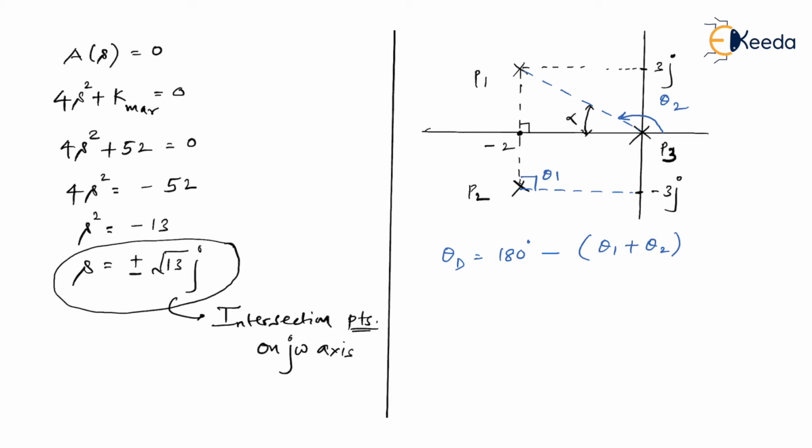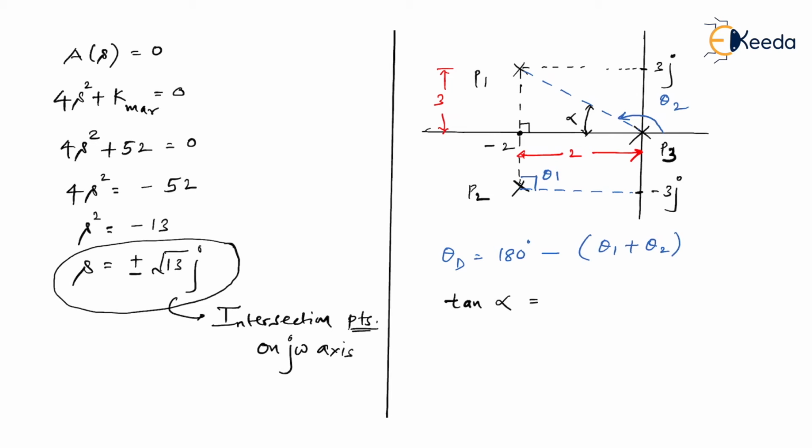Now, what is tan of alpha? It is the opposite side upon the adjacent side. So the opposite side is how much? If you look at this carefully, this is 2. Rather, it is not 2, it is 3 actually. Let me correct it. And this is 2.